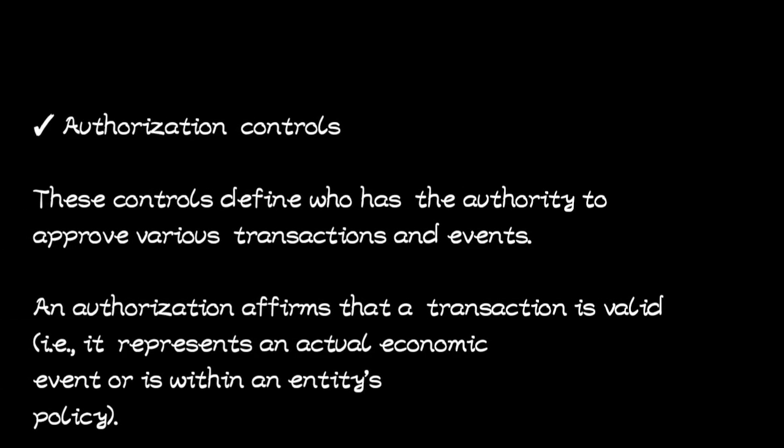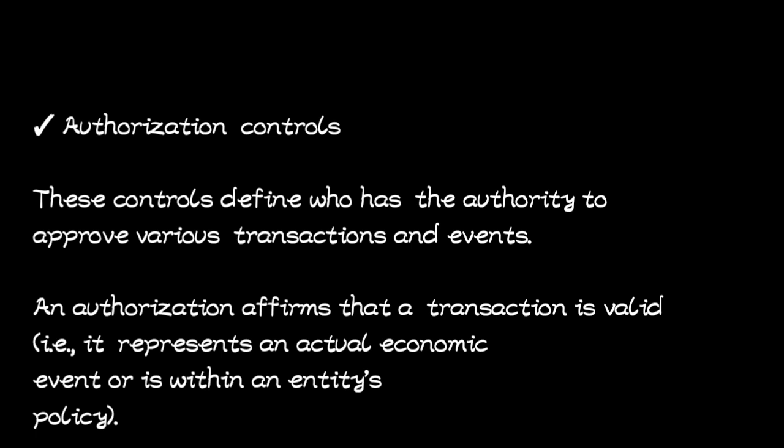Another control activity is authorization controls, and these controls define who has the authority to approve various transactions. For example, who has the authority to approve credit sales, who has the authority to approve the purchase of particular fixed assets, and all that. That is authorization. An authorization affirms that a transaction is valid.